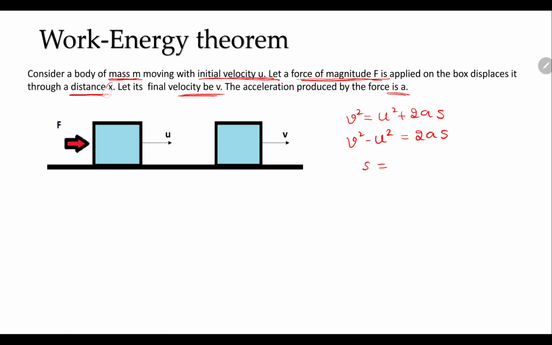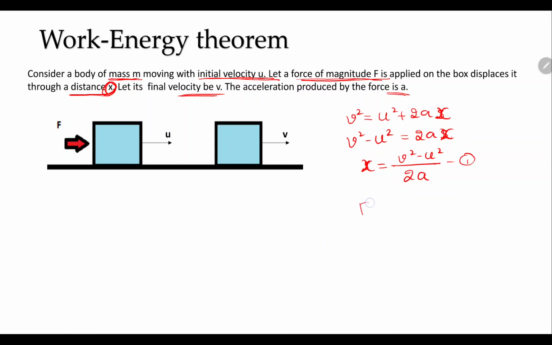Since we have taken it as x, you can write x itself. In the previous case I took s. Sometimes we use s and sometimes x, you can write whichever you want. So x is equal to v square minus u square divided by 2a. This is equation number 1.